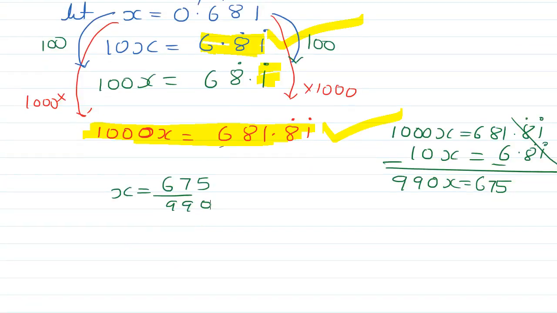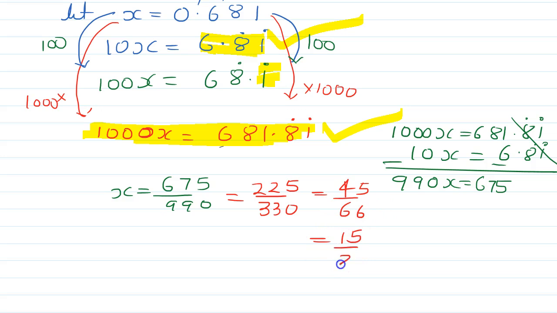Let's divide by 3 both sides, so it will be 330, and 675 divided by 3 will be 225. Now again you can divide by 5, so it will be 45 over 66. Now divide by 3, so it will be 15 over 22. So here we got x equal to 15 over 22. So this is the way we solve it here.